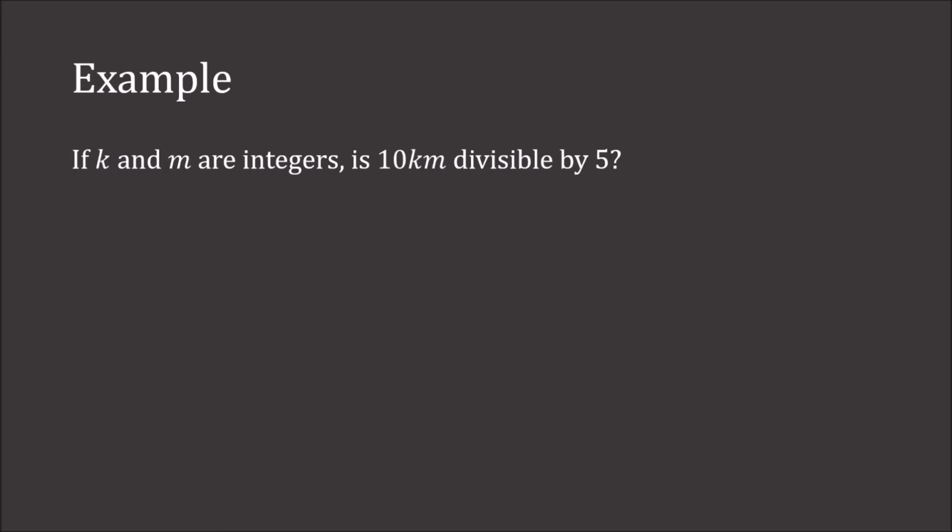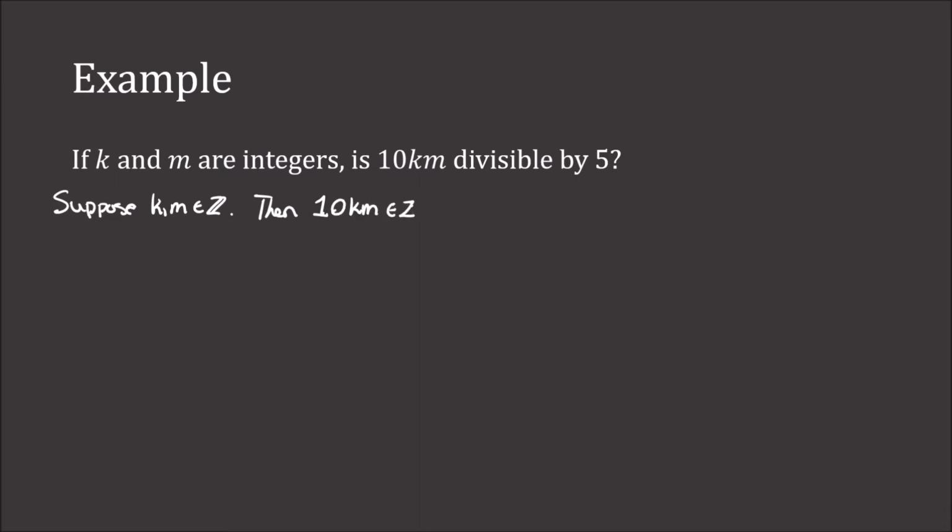Now, if k and m are integers, is 10km divisible by 5? Well again, let's suppose that k and m are given integers. Then we already know that 10km is an integer.